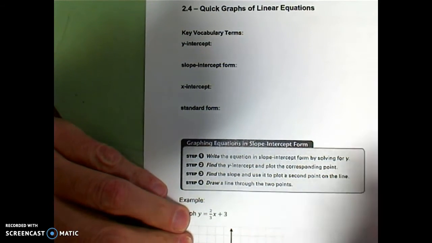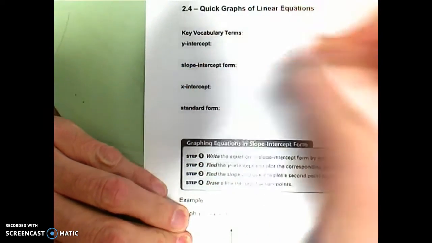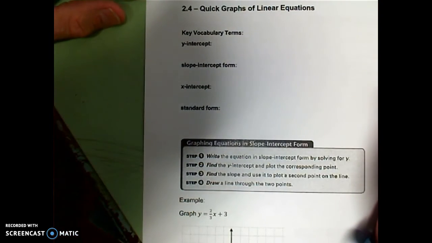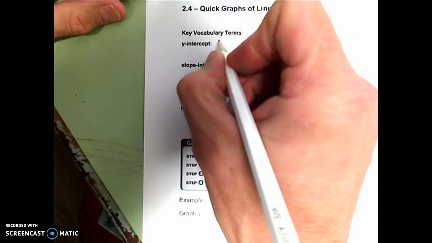A couple of quick terms: the y-intercept. Y-intercept is the y-coordinate of the point where the line crosses the y-axis.